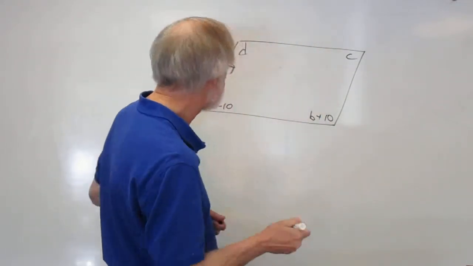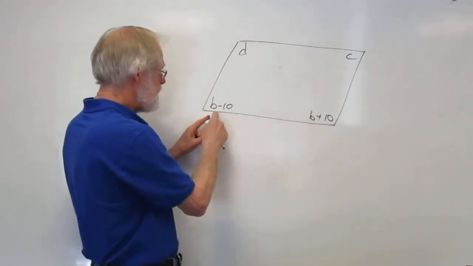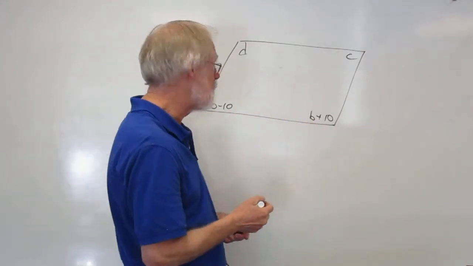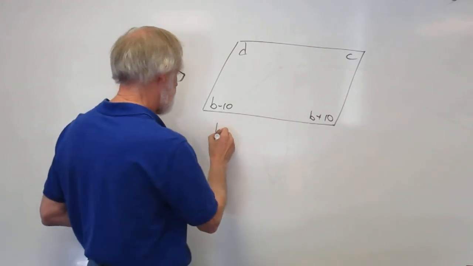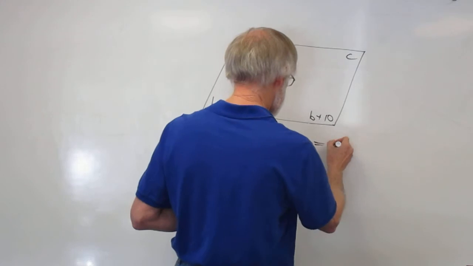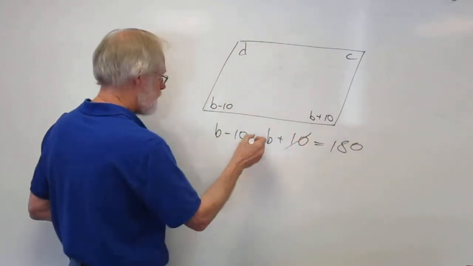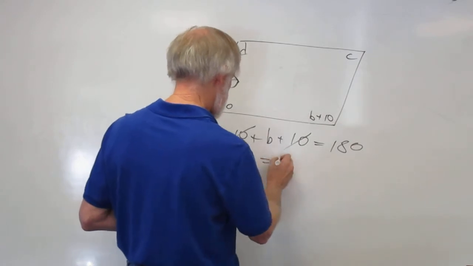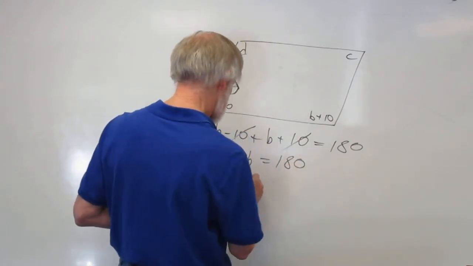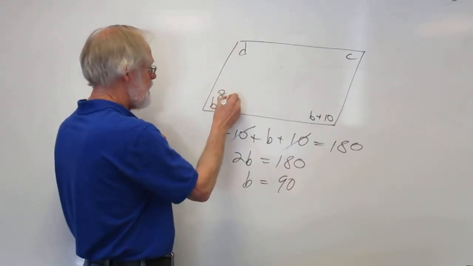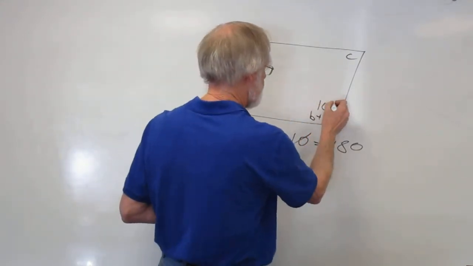Well, it's actually not that hard to do because you have b and b right here, and you know these two angles are consecutive, therefore they are supplementary, so b minus 10 plus b plus 10 equals 180. The 10s cancel out, plus 10 minus 10, and we get 2b equals 180, divide by 2, and b equals 90. So this is 90 minus 10, which is 80. This is 90 plus 10, which is 100.